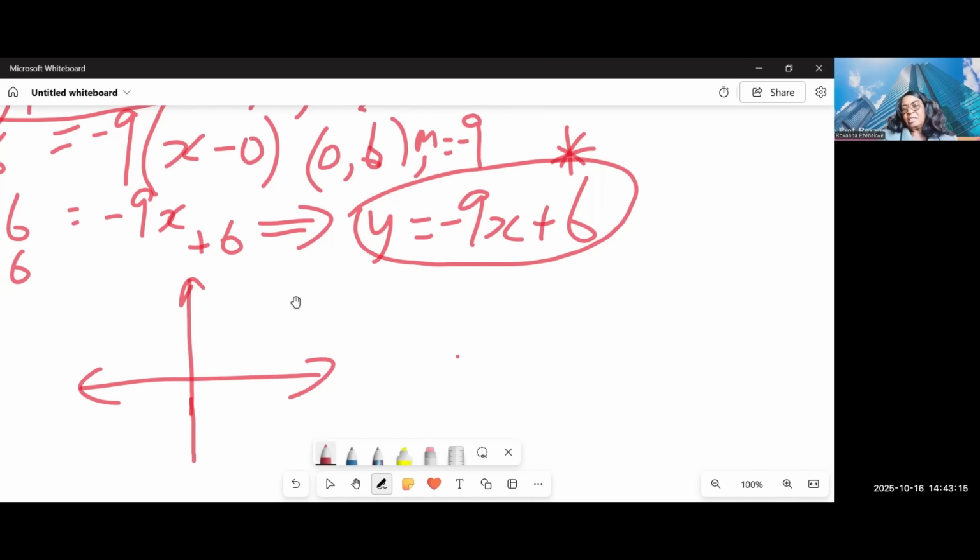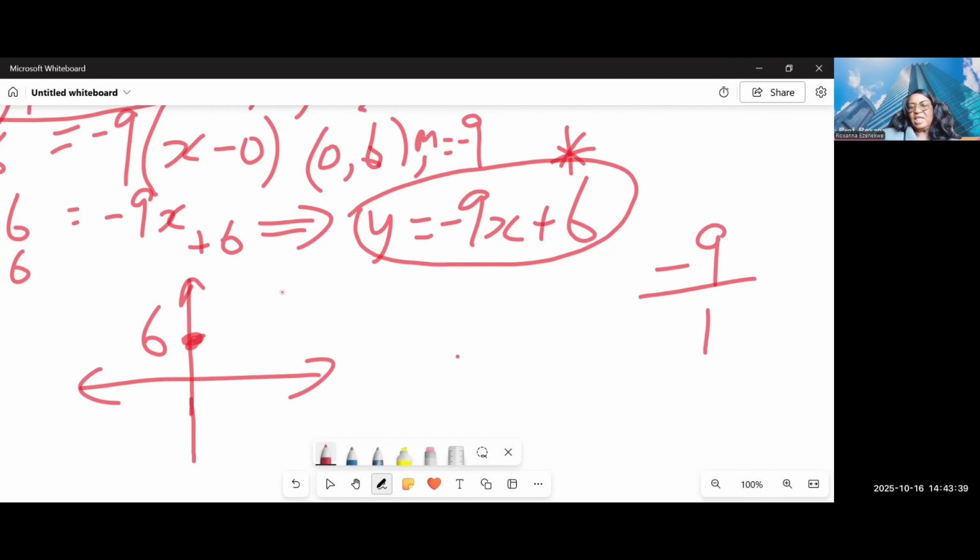I can start by graphing the y-intercept. The y-intercept is where the line cuts the y-axis. Suppose that 6 is here. So this is a point on the line. And I'm going to count the slope. Slope is negative 9, but I can write it as negative 9 over 1.